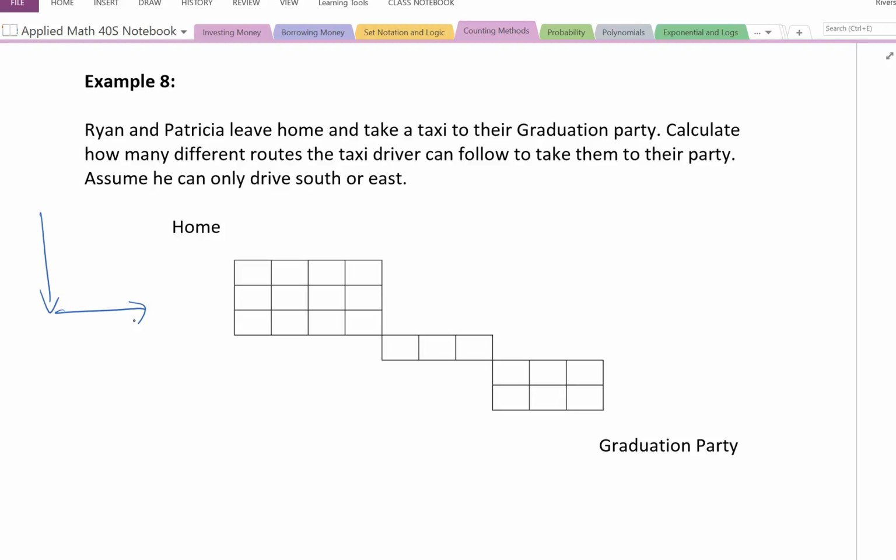Okay, so starting at the beginning, at home, we would have 1 through here, and then adding, that would be 2, 3, 4, 5. And usually this first box everyone does okay with. And then it's how do I get from this box to the next one?